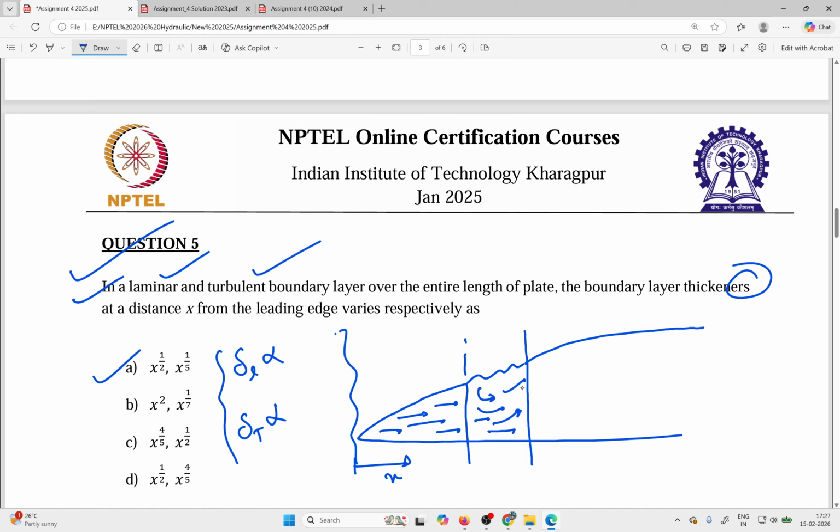This was observed during the experiment, and in the turbulent boundary layer, your fluid is like that. Remember, please, a lot of eddies formation. So like that. This is your laminar, this is transition, and this is turbulent.